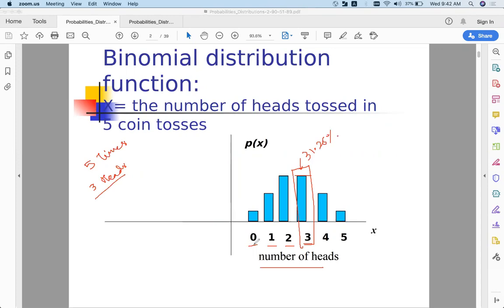Now, what does this mean? This means when you flip a coin 5 times, what is the probability that you see exactly 0 heads? Can you tell me what is the probability that there are exactly 0 heads when you flip a coin 5 times?